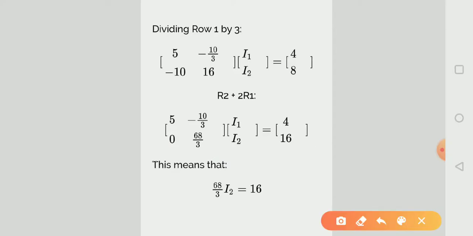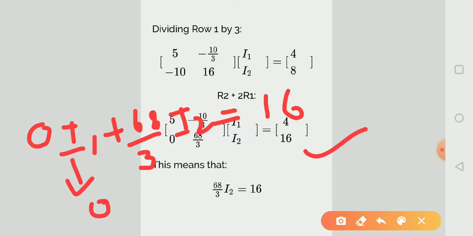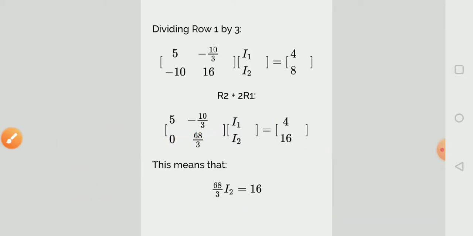By solving this matrix, we find 0 into I1 plus 68 over 3 into I2 equal to 16. Multiplying 0 into I1, it becomes 0. So after solving this matrix, we find 68 over 3 into I2 equal to 16.